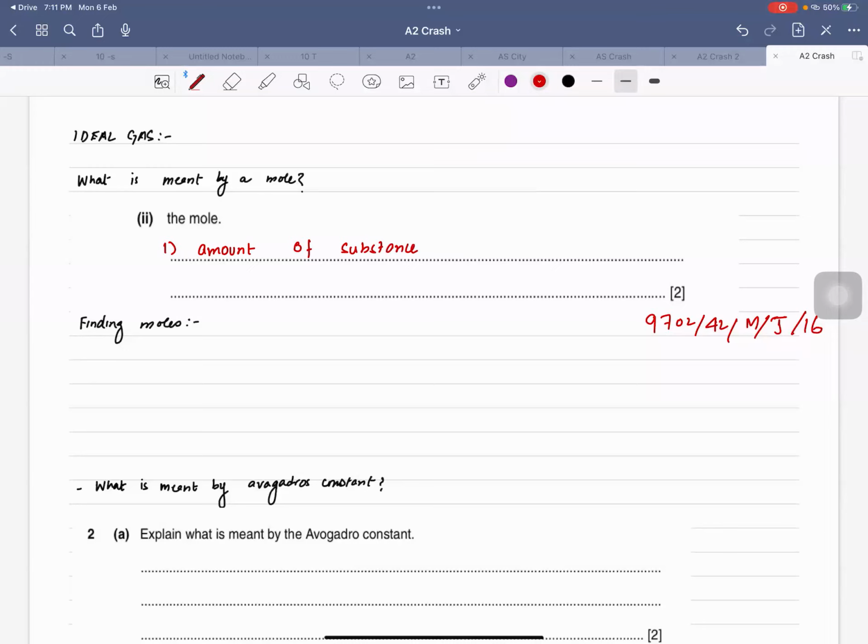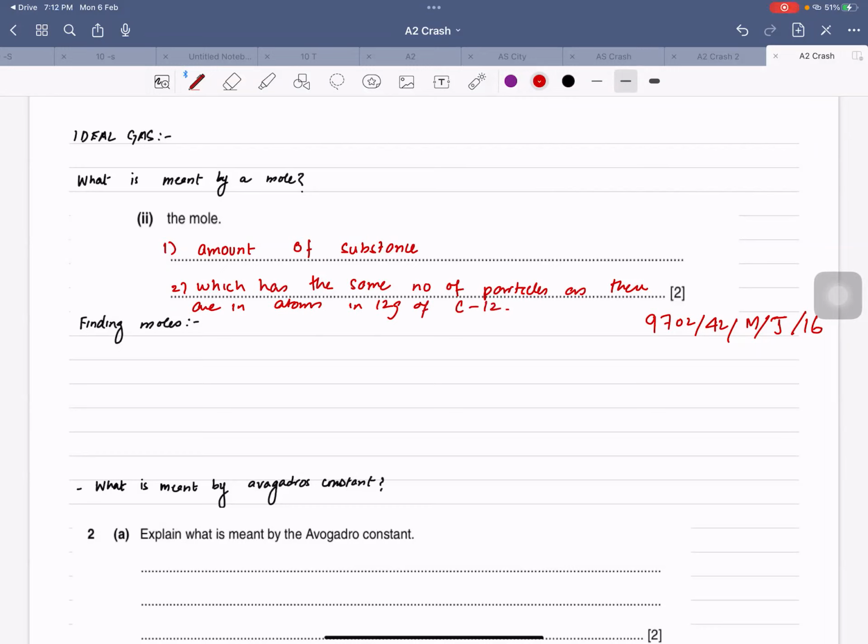And basically it means that which has the same number of particles as there are in atoms in 12 grams of carbon 12. Okay, so this is the standard, you need to remember that.